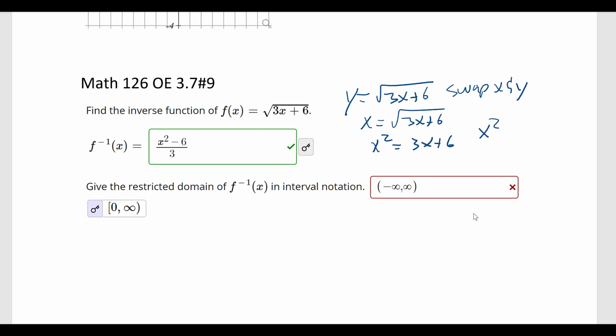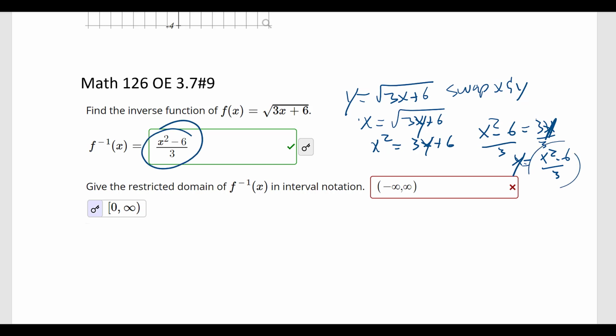So x squared minus 6 equals 3y. And dividing by 3, y equals, this should have been a y. It should have been a y here. That's the y there. Sorry about that. y equals (x squared minus 6) over 3. And that's what they have here for the inverse.